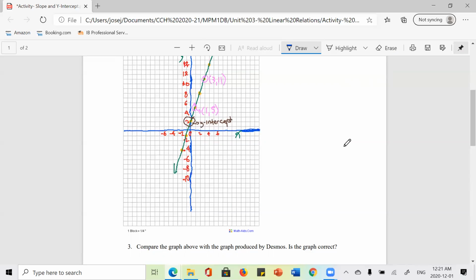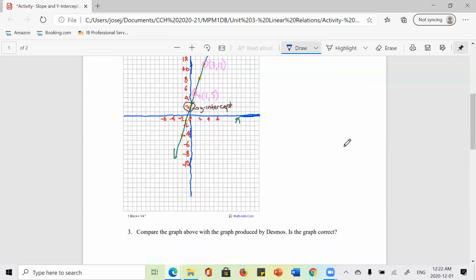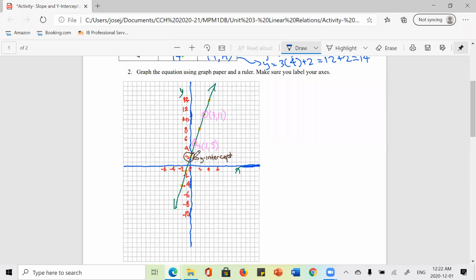Because you pay per plate. So in this case, slope would be how much we're paying per person, how much our price is going to go up by for every single person that attends. Whereas the y-intercept tells us where the price begins in the first place.